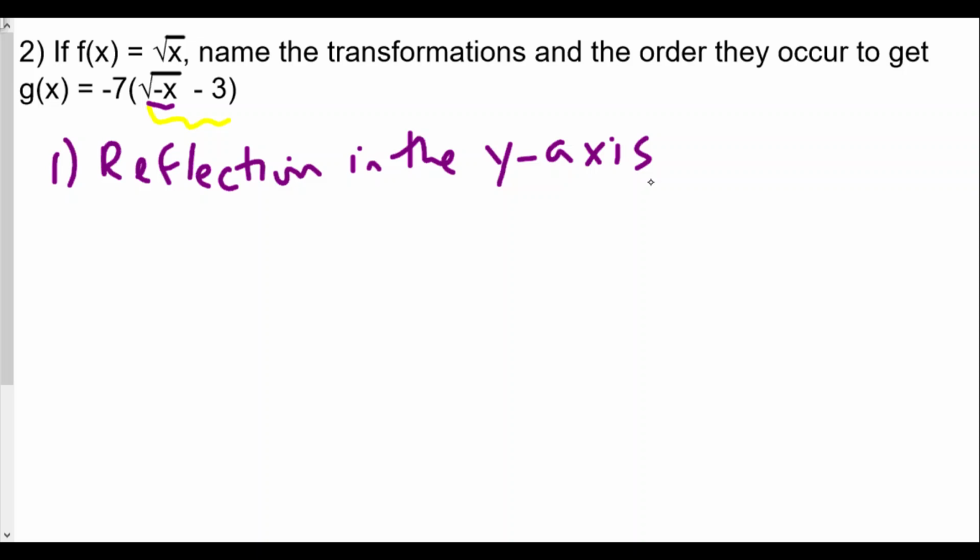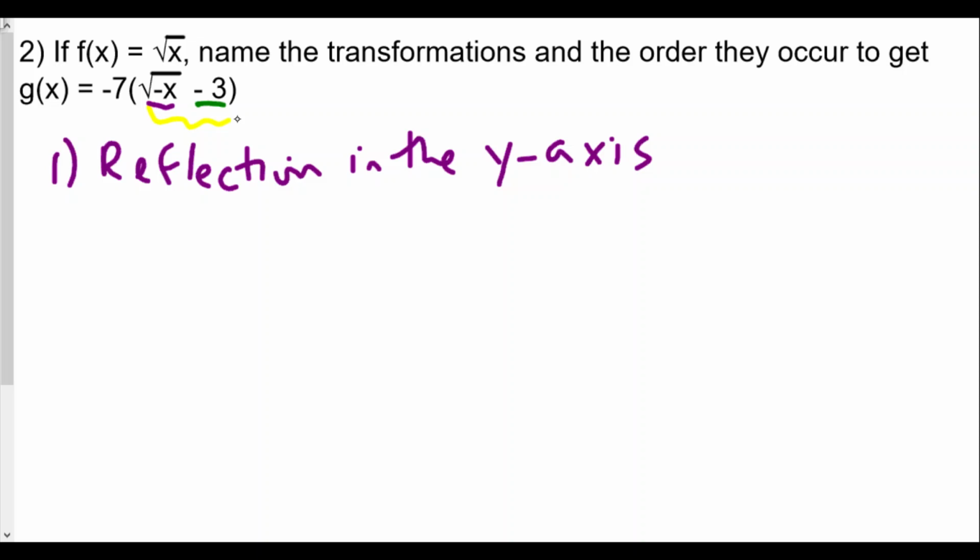If we were trying to build this from scratch, we would say, okay, we take square root of x and then reflect over the y-axis by making square root of negative x. Then the next thing we see is going to be -3. Now, is that -3 subtracting from the x value? No, it is not. It is actually outside of the square root, because the square root acts as a parenthesis. We talked about how if a number is subtracting from the x in the parenthesis, that's a horizontal shift.